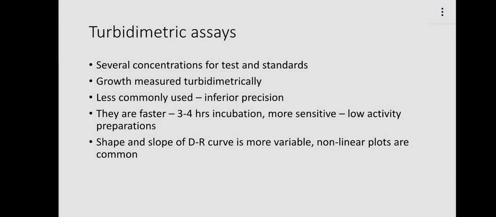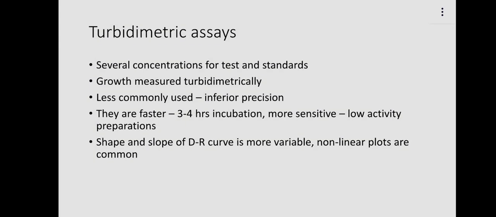Okay, so that is the other type of assay that can be done to test antibiotic potency, and they are called turbidimetric assays. This simply means that instead of having solid medium, you now have a solution or a broth as the test medium.